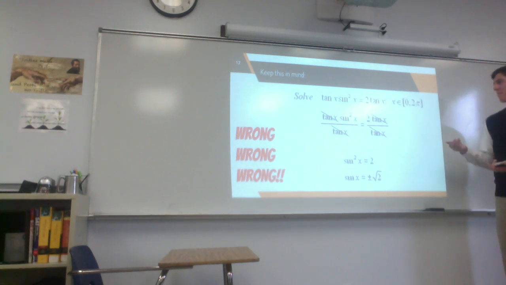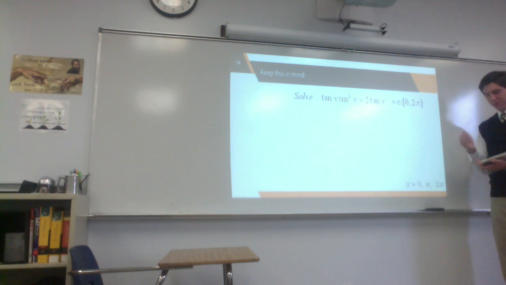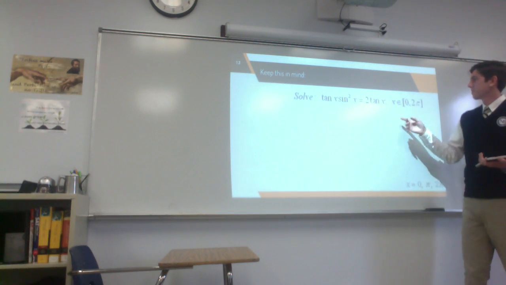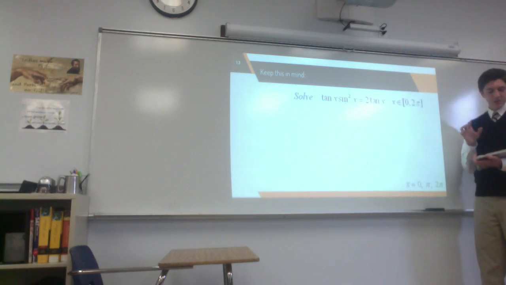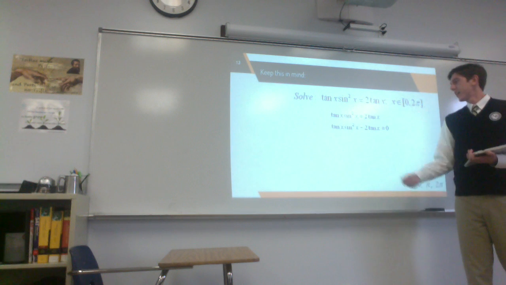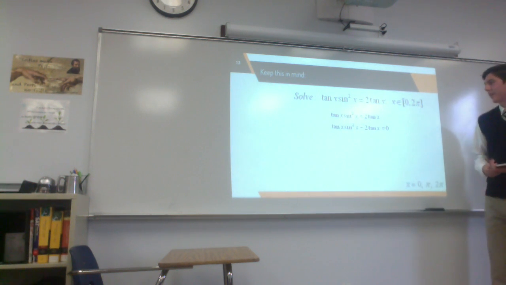There's a way you can get more answers for this. And the way to do it is to go back to the beginning, and instead of trying to get it in terms of one function, we want to do the first step that I told you, which is to set it equal to 0. So we bring this 2 tangent to the other side, and now we're good. So now we can start to solve it.